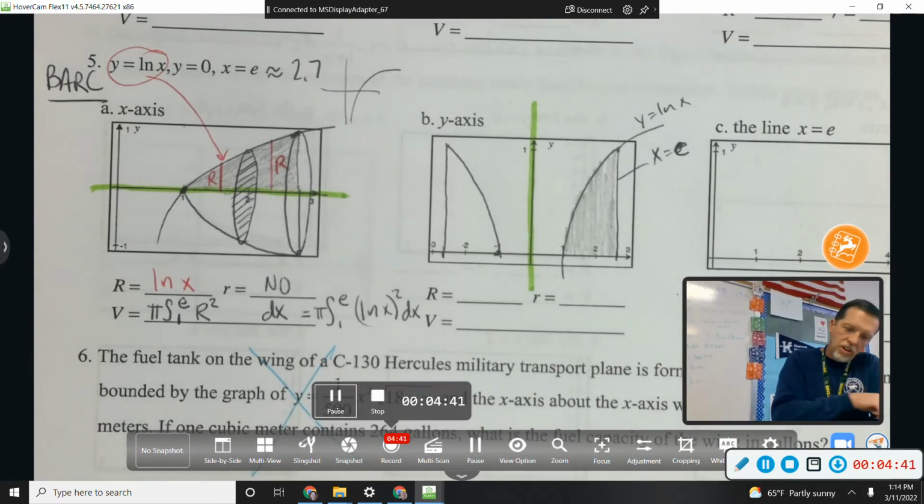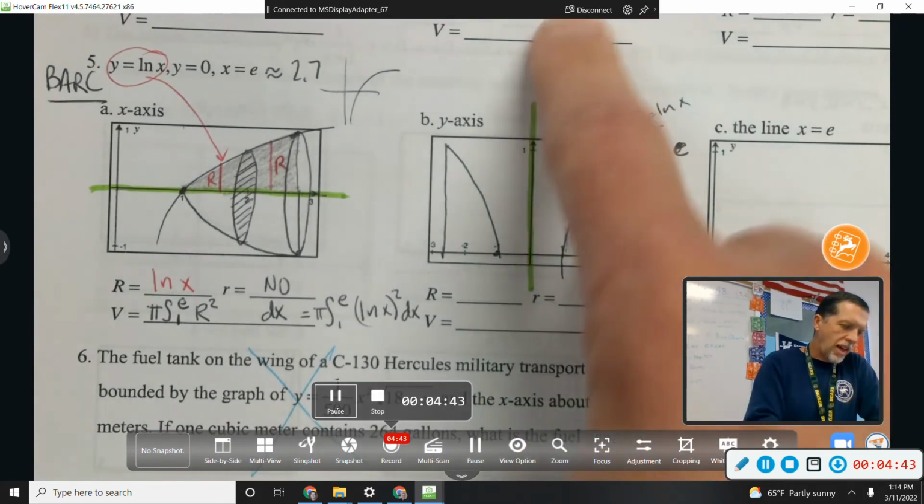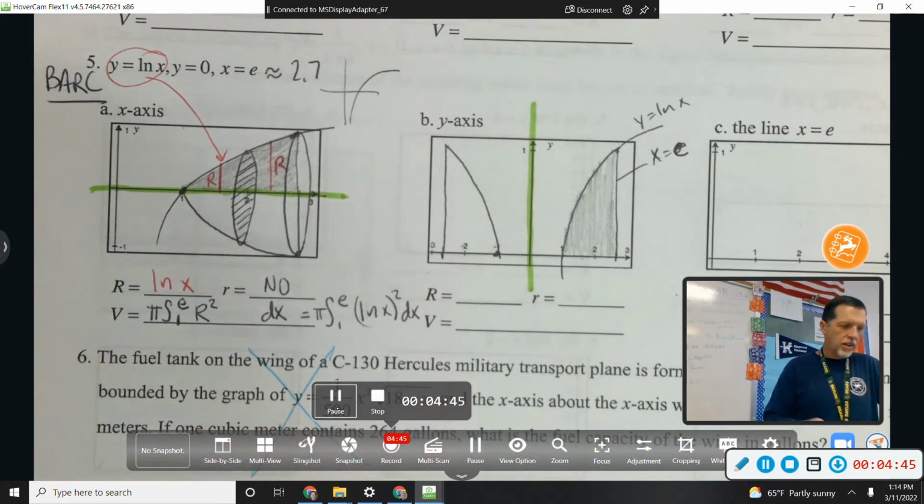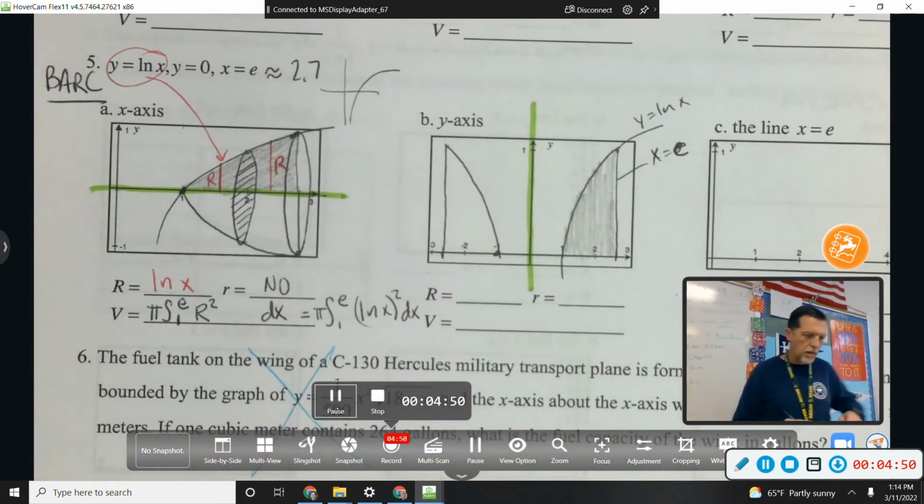Sketching our picture. Base area, axis of reflection, reflect it over, and then draw the circles on there.